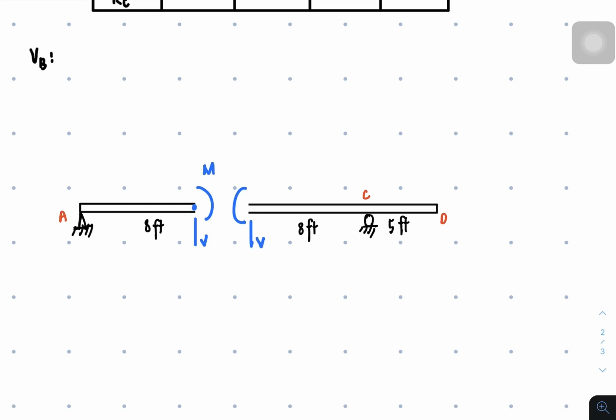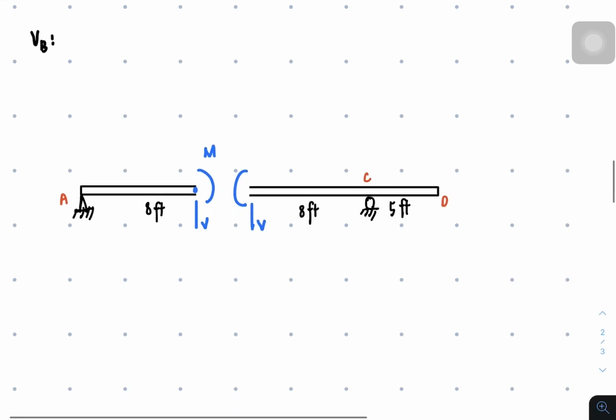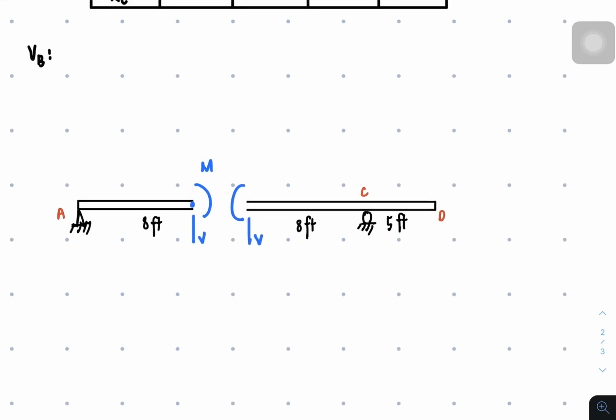Then if in case your moment here is a positive bending, then of course it's going to also create a positive bending here. Okay, so I'm not writing any direction yet because I don't want the direction to influence our answer. I want the answer to influence the direction, so it's the opposite.